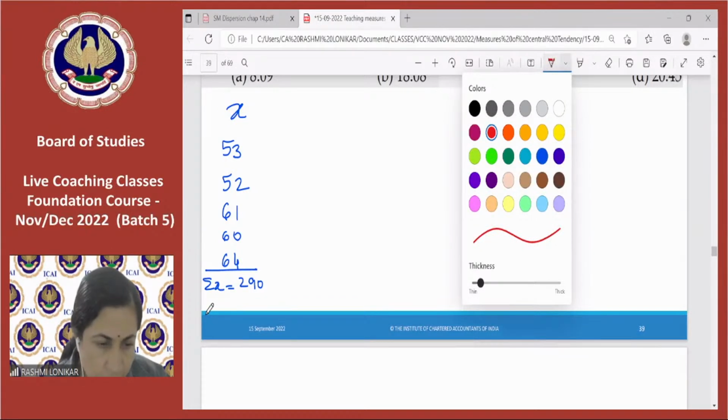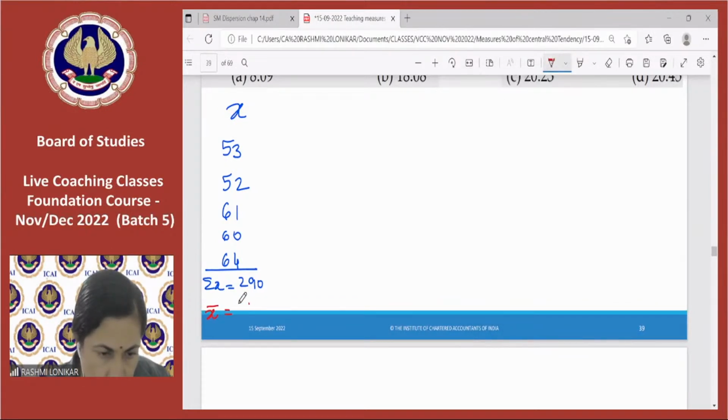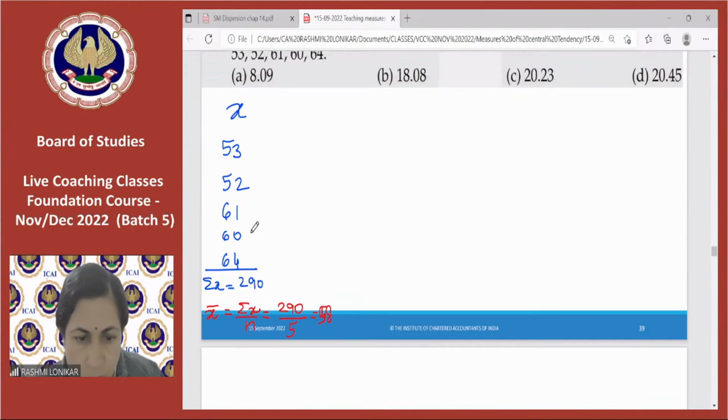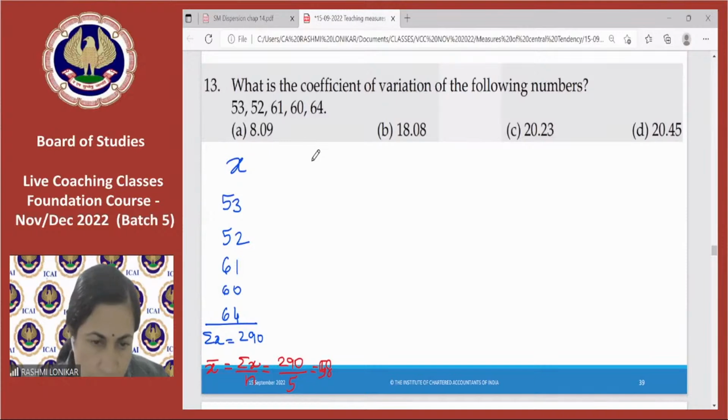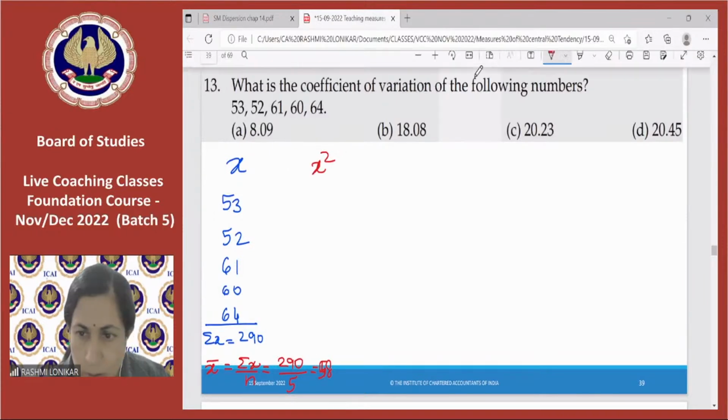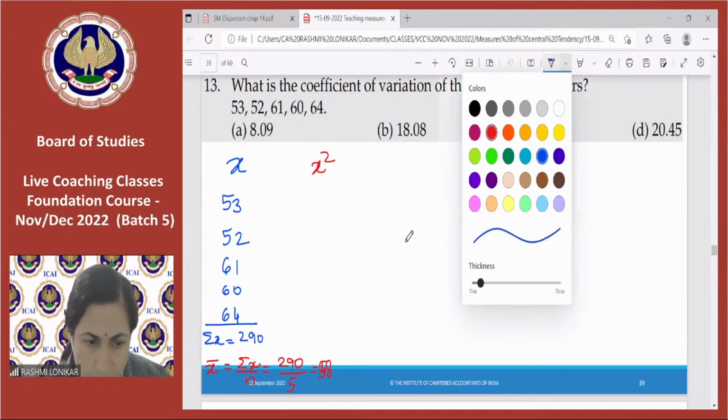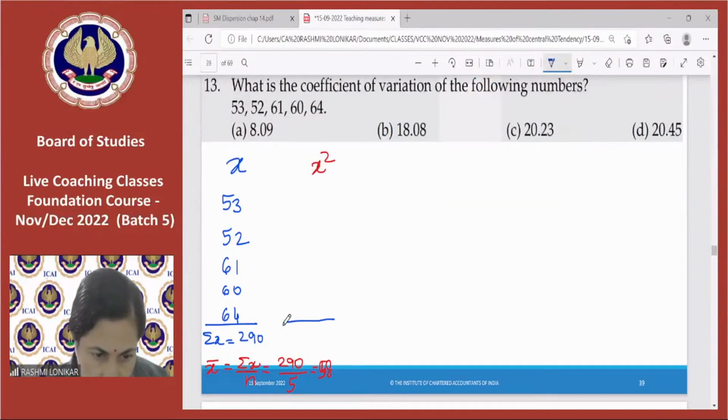So my x bar, which is equal to summation x upon n, which is equal to 290 upon 5, which gives me 58. Okay, x bar is 58. Now, I found x bar. Now I have to find x square, and I have to find the sum of the squares of the numbers.